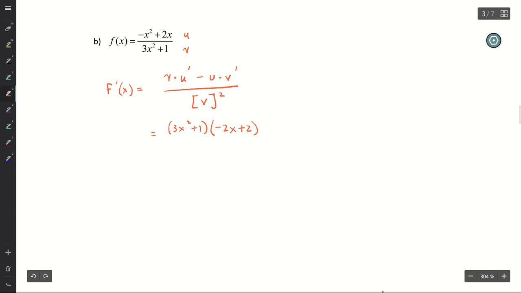And then from the formula, minus the top, so that would be negative x squared plus 2x, over the derivative of the bottom. The derivative of the bottom would be 6x. The derivative, obviously, of the 1 would have been a 0, so that doesn't make a difference. And then all of this is over the bottom squared.